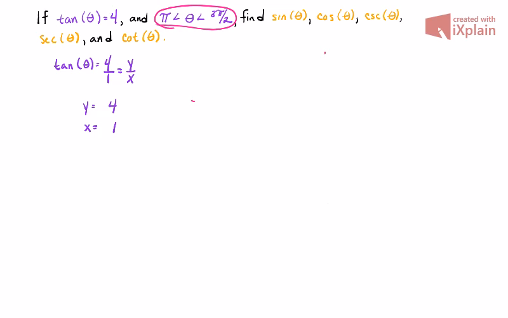So the quadrant that it's in, let's go ahead and do a quick sketch of a circle. We're told that the quadrant is between pi and 3 pi halves, which is the third quadrant. From here, ask yourself what you know.